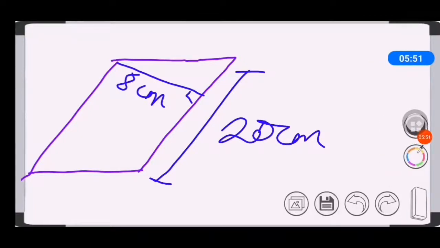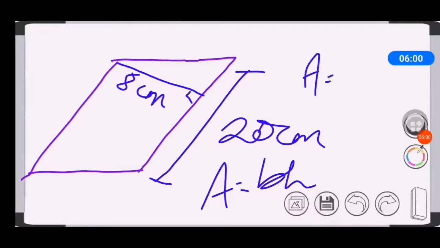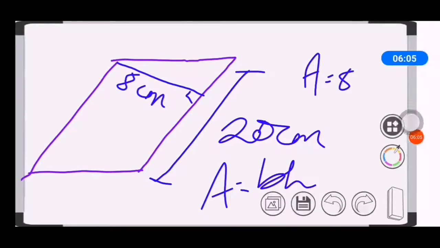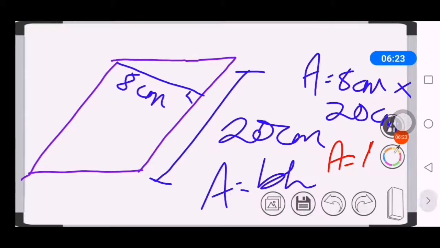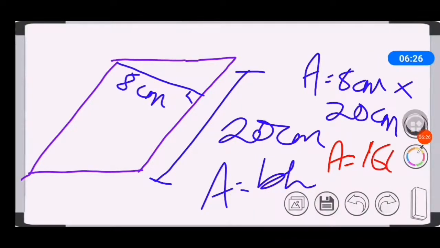Our area is base times height, so write your formula. Area will be 8 centimeters times 20 centimeters. 8 times 2 is 16, and we add the 0, so the area is 160. The units, centimeters times centimeters, will be squared centimeters.